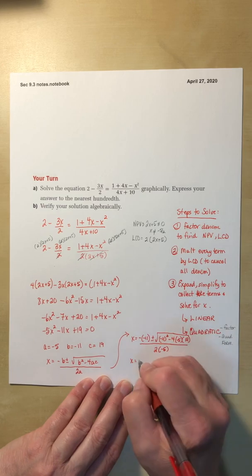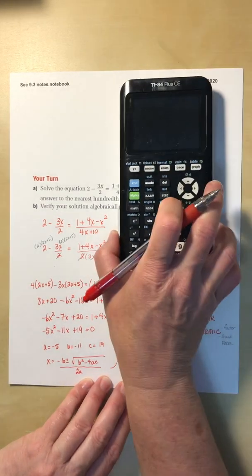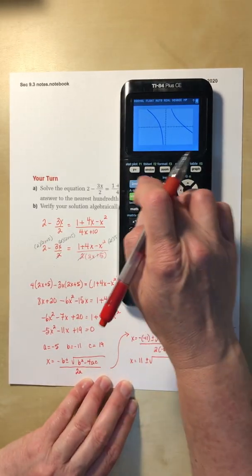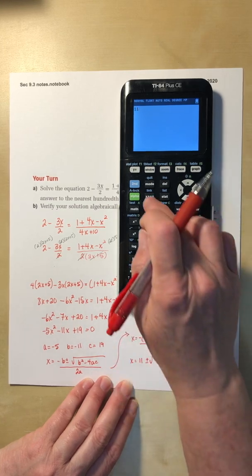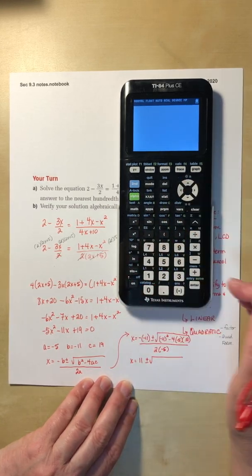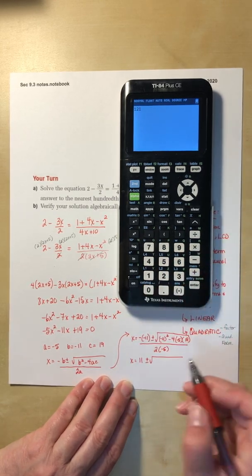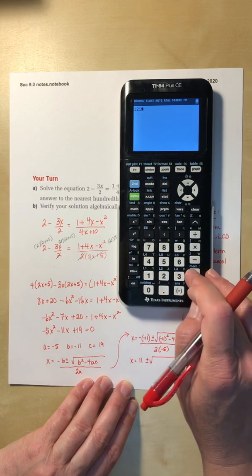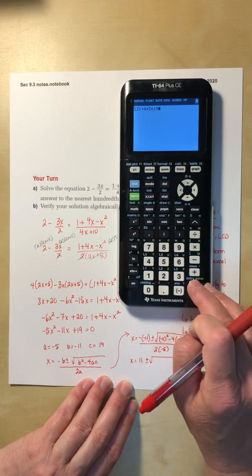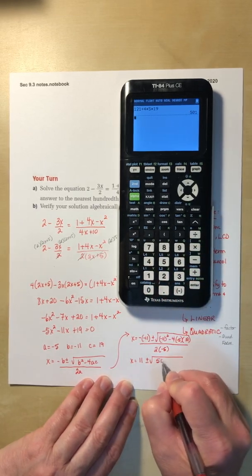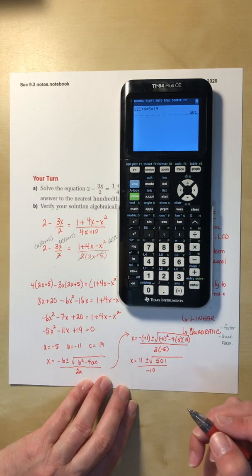And so what we end up with here is positive 11 plus or minus, and when I do all the work inside of the square root, my negative 11 squared is 121, and I'm going to have two negatives, so it's going to end up being plus 4 times 5 times 19. So inside my square root, I end up with 501, all over negative 10.